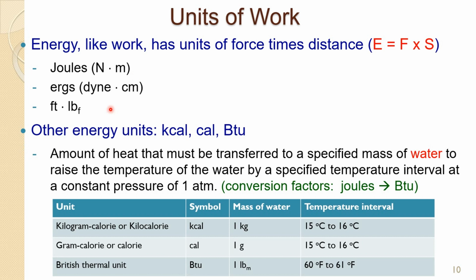However, if you do weight training, or go shopping for food, you might see kcal or calorie, or BTU. BTU is short for British thermal unit. This is also a unit of energy. It is the amount of heat that must be transferred to a specified mass of water to raise its temperature by a specified interval at a constant pressure of 1 atm.